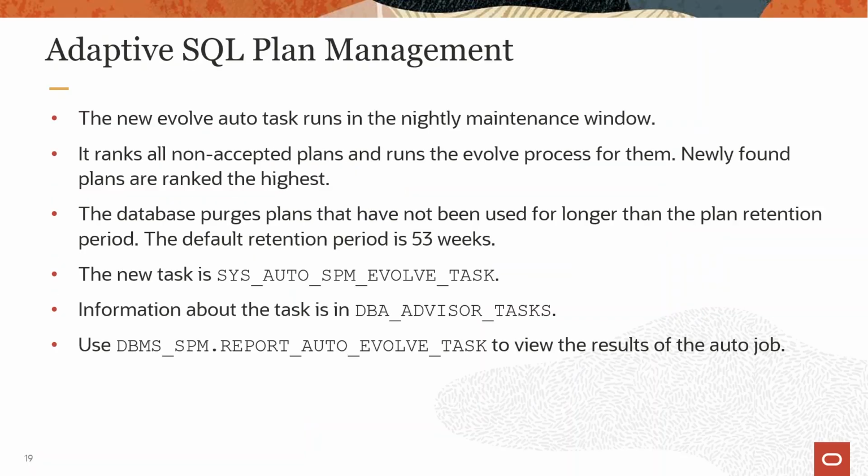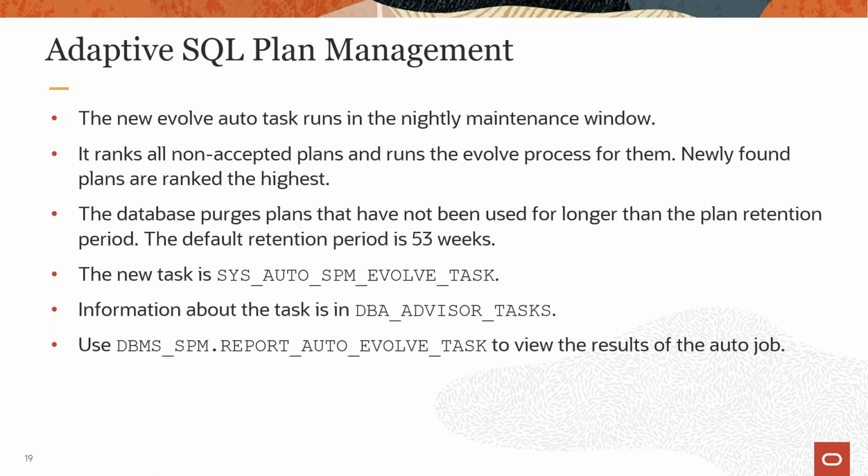Now, what is Adaptive SQL Plan Management? Adaptive SQL Plan Management is a new evolve auto task that runs in the nightly maintenance window. It will rank all non-accepted plans and run the evolve process for them. Newly found plans are ranked the highest to be evaluated. The database will also purge plans that have not been used for longer than the plan retention period, which is by default 53 weeks.